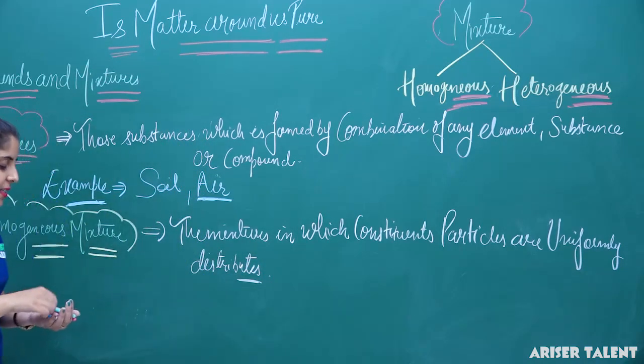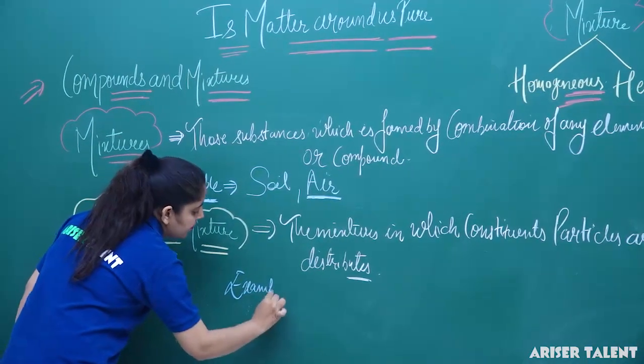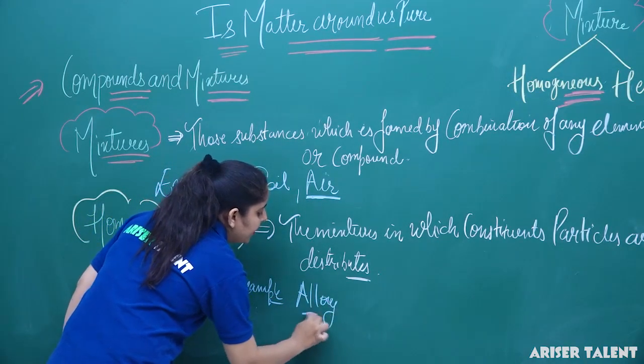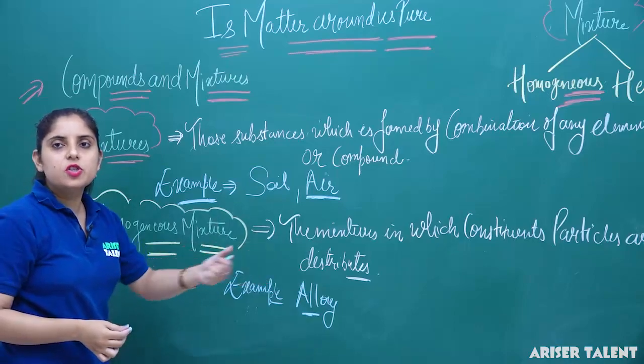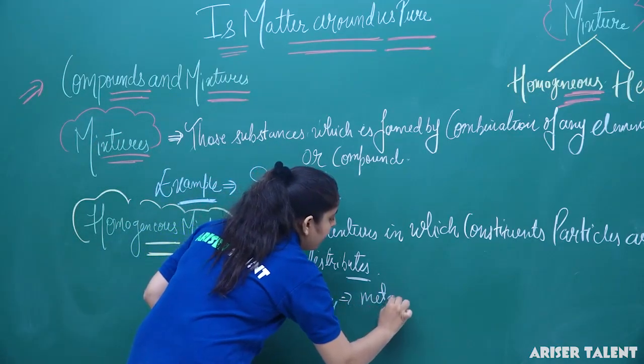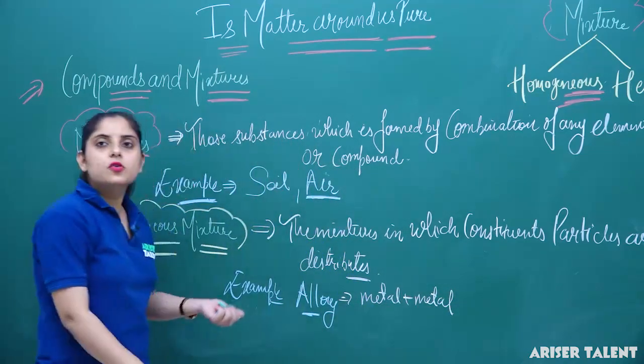So for homogeneous composition, let us take an example of alloy. Alloy will be the combination of metal and metal. So you have the same type of constituent particle because alloy is formed by the combination of metal plus metal. So this is the alloy.